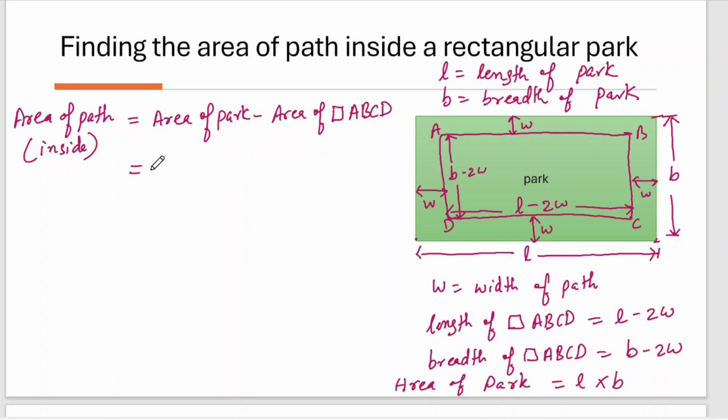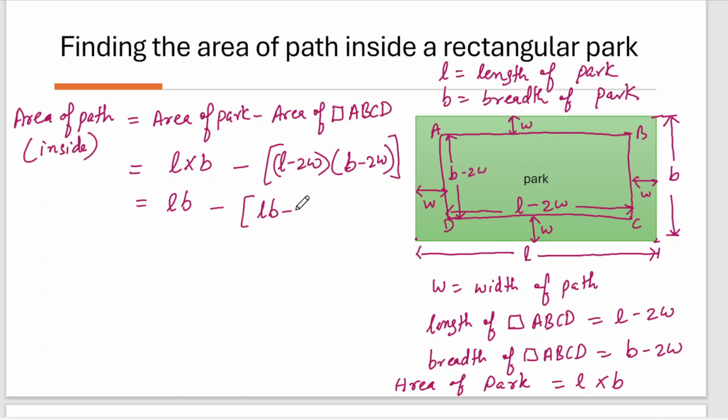Okay, so what is the area of park? It is L into B. And what is the area of rectangle ABCD? It is L minus 2W and B minus 2W, length into breadth. So now we will calculate this. LB minus, keep this in bracket, LB minus 2LW minus 2BW plus 4W square.